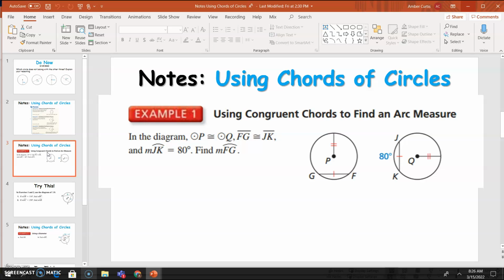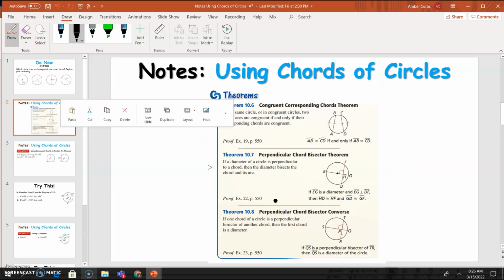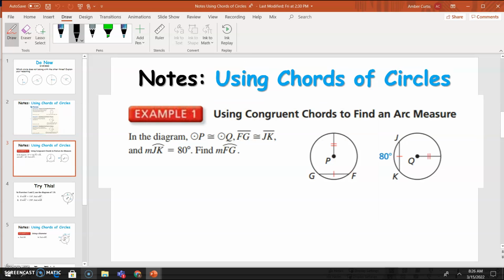So example 1, using the chords, find the arc measure. It says this in the picture. We can see that FG is congruent to JK, and we can see that arc JK is 80. Now we know by theorem 10.6, if the chords are congruent, then so are the arcs.